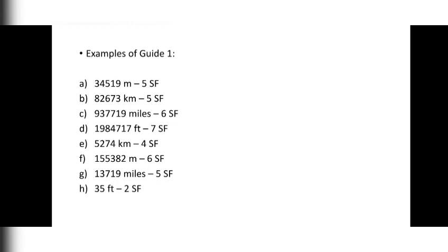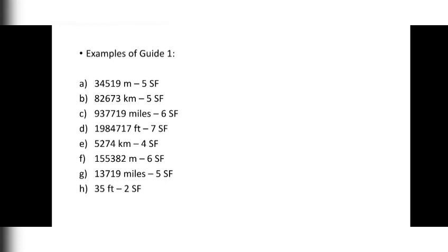For letter D, we have 1984717, which has no 0 as well, so since there are 7 digits, there should also be 7 significant figures. For letter E, we have 5274, which has 4 digits, so it's 4 significant figures. For letter F, we have 155382.